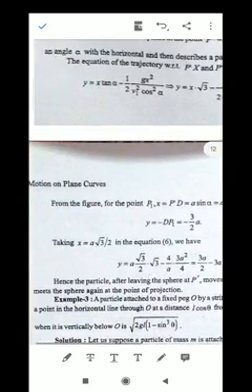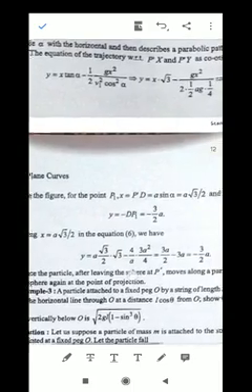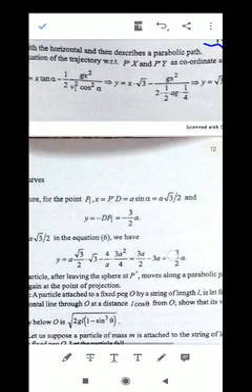So from the figure, for the point P1, x equal to P1 dash D, and P dash D is a sin alpha, or this is a root 3 by 2, and y is minus D P1, so this is minus 3 by 2 a.